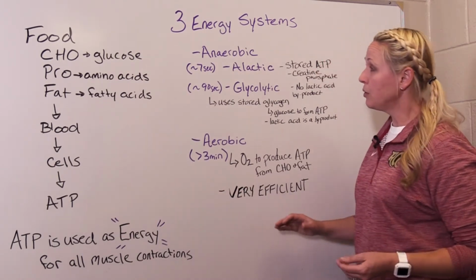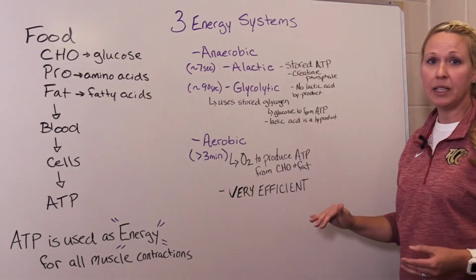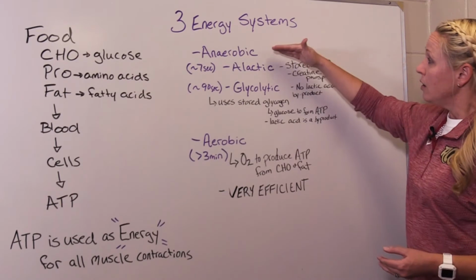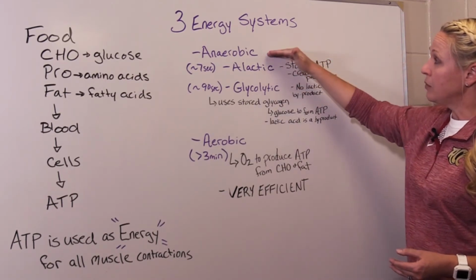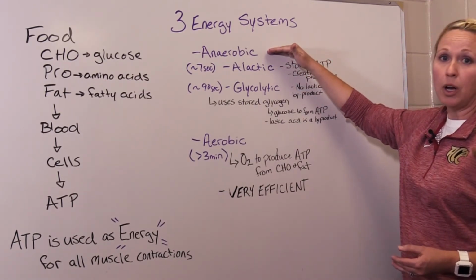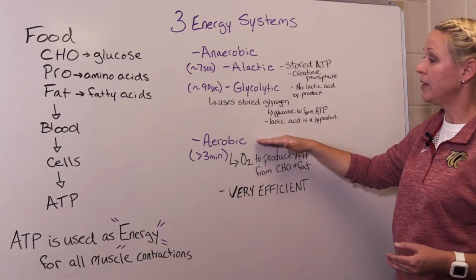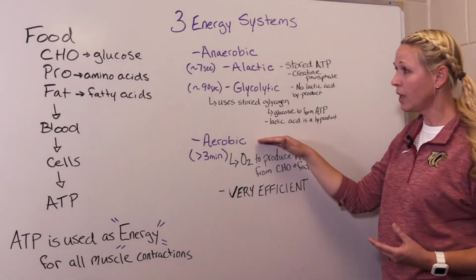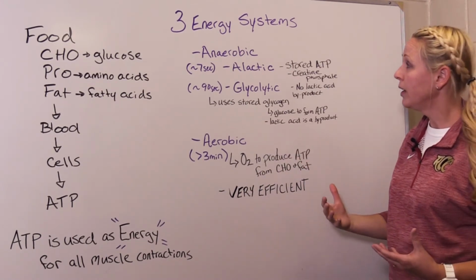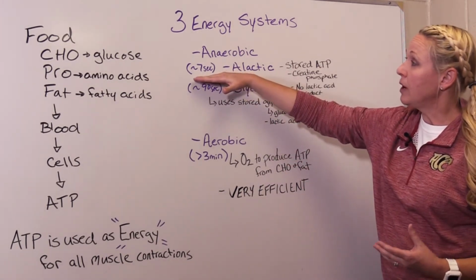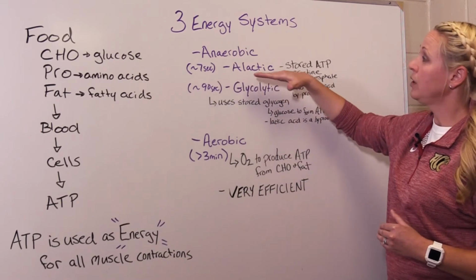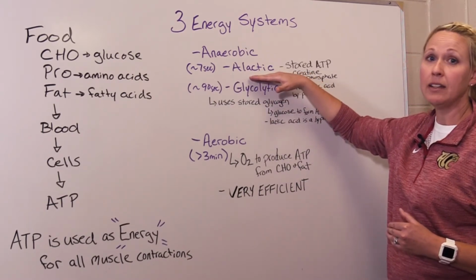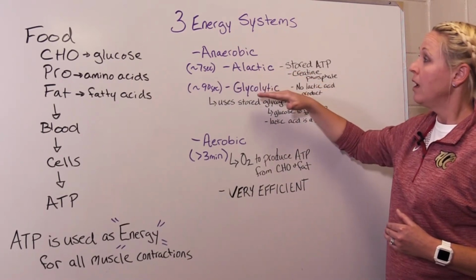Okay, so there are three systems in which that ATP is used. Two ways is in the anaerobic process, and that means without oxygen, and one way is with an aerobic process, which means it utilizes oxygen. So when you are doing work, the first approximate 7 seconds of the work, you are going to be utilizing the alactic energy system.